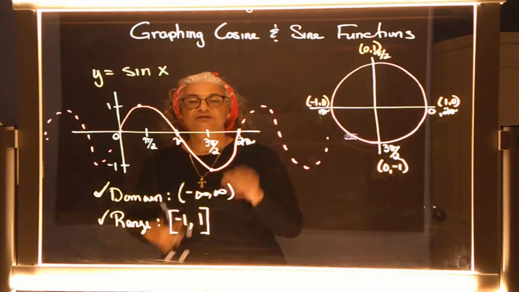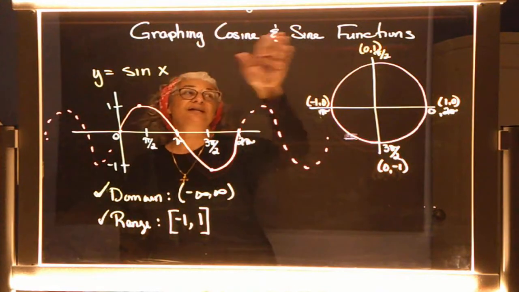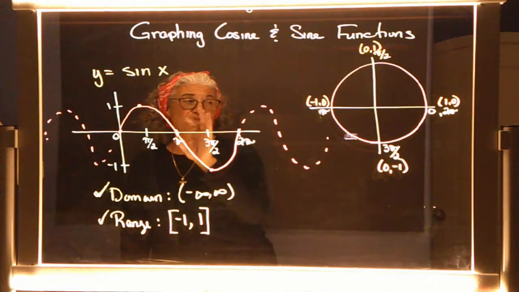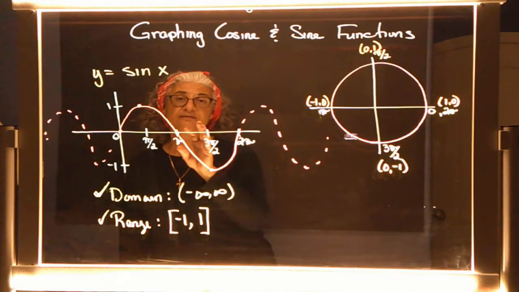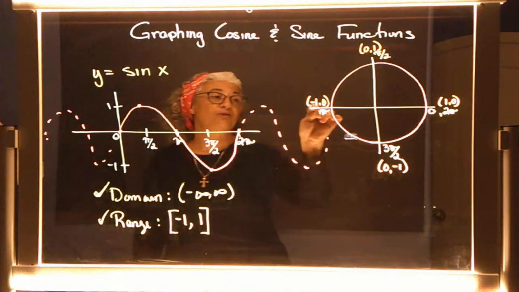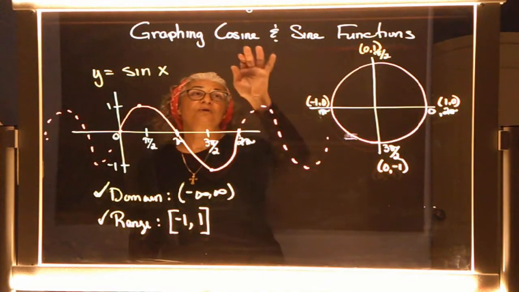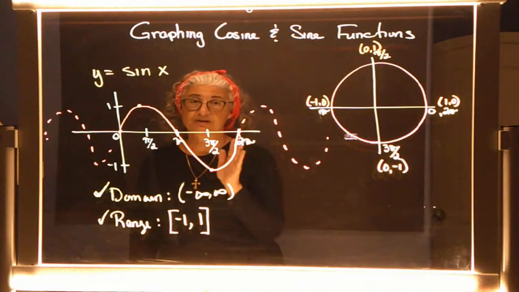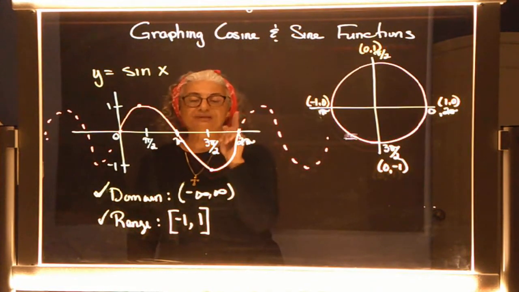So the domain and range for cosine and sine are exactly the same. The graph shapes are different because the sine function is looking at the y coordinates, where the cosine function is looking at the x coordinates. Are you with me? Okay, so stay tuned.